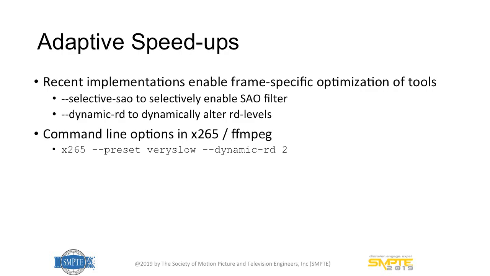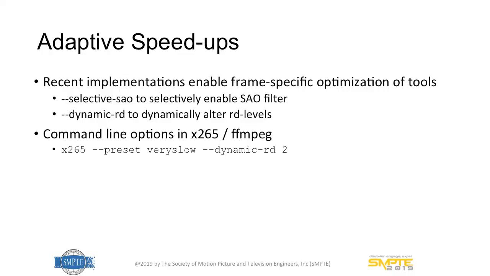There are several examples of this. In this talk, we'll concentrate on two: selective SAO and dynamic RD. This sounds cryptic, but we'll get to this in the next slide. And for now, you can use it easily at home by just adding a parameter.